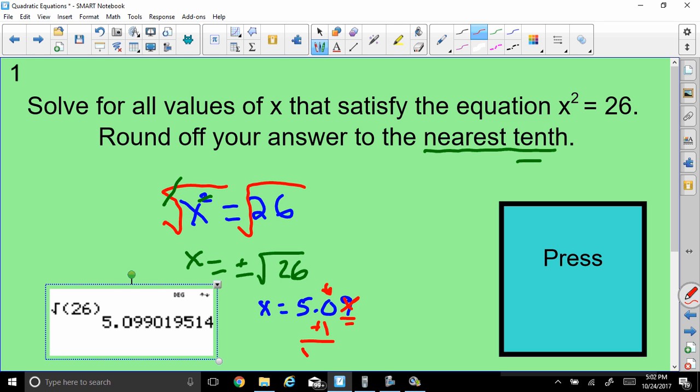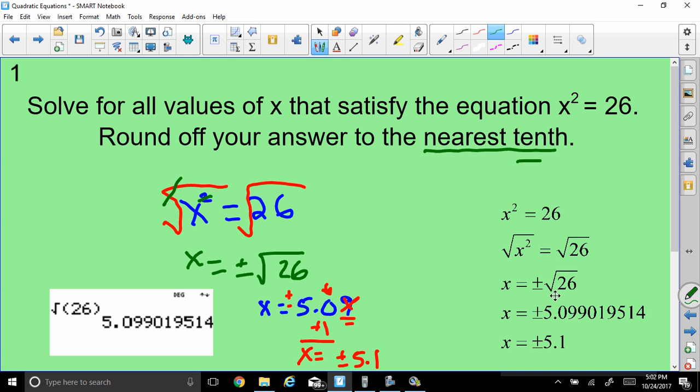And this will give me x equals, and remember it's positive or negative 5.1. So that'll be our answer. So let's check. And there we go. x equals positive or negative 5.1.